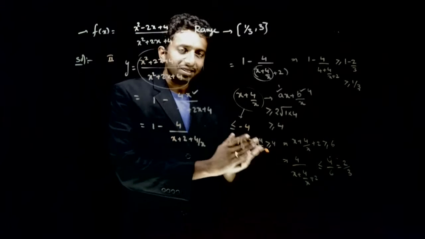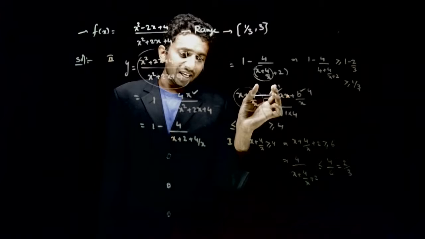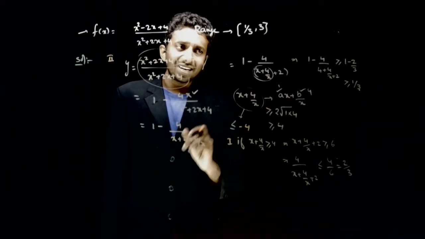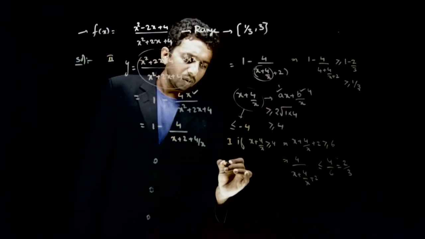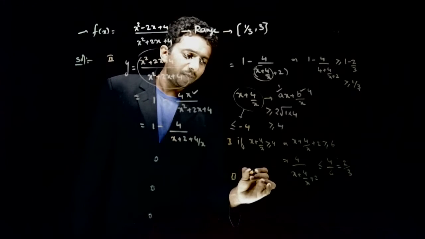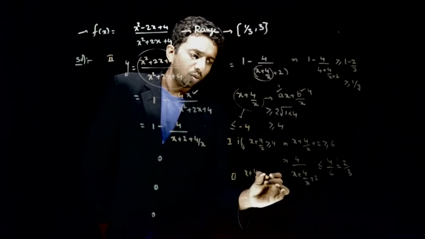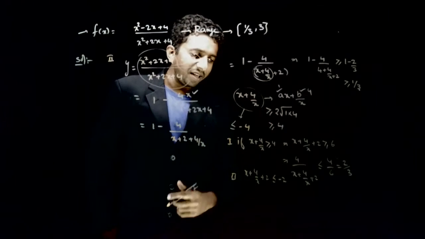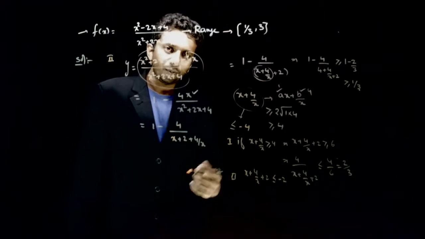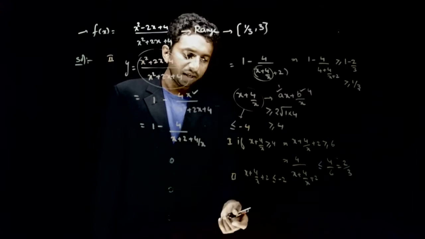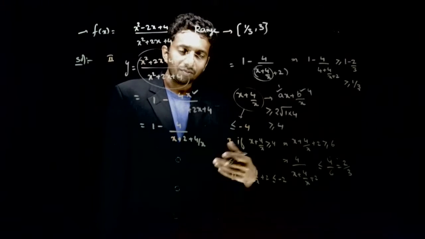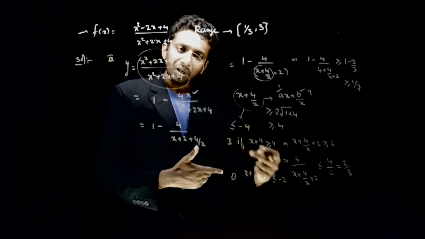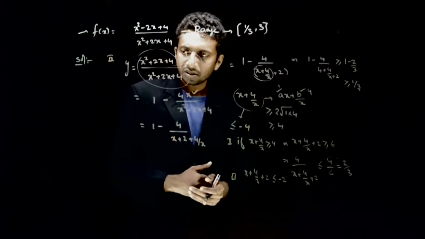Next, let us look at the second case. So second case में this is always less than or equal to minus 4. So x plus 4 by x plus 2 is always less than or equal to minus 2. So 4 by, किया तो if I do 4 by this, clear? So reciprocal कर रहा हूं, the sign of the inequality will change.